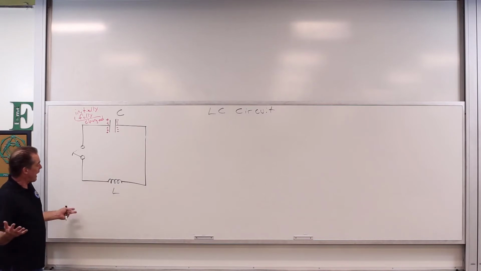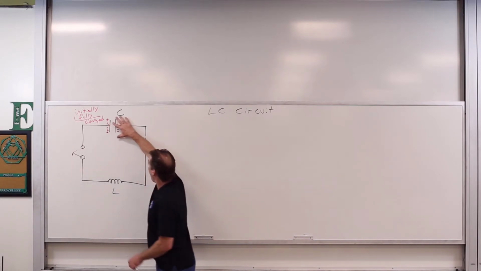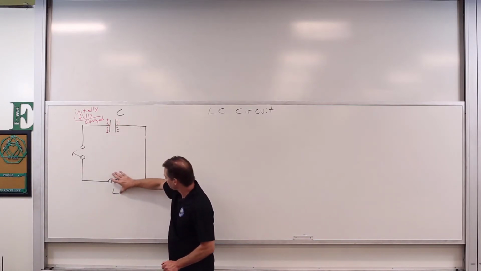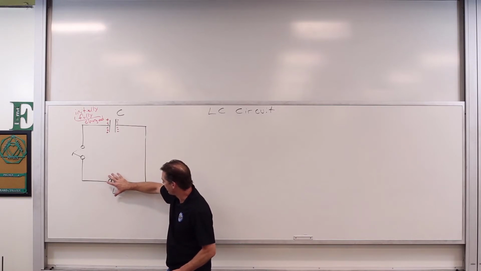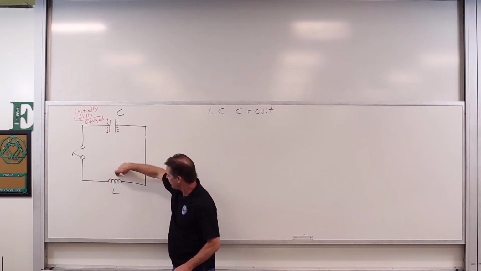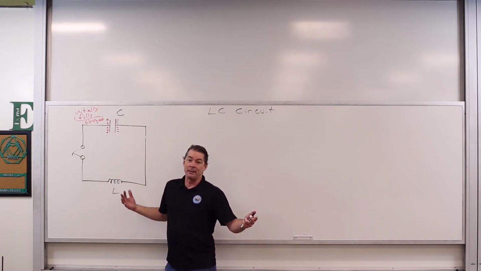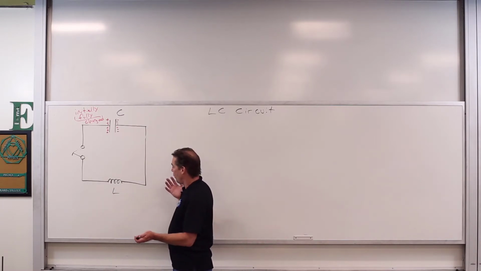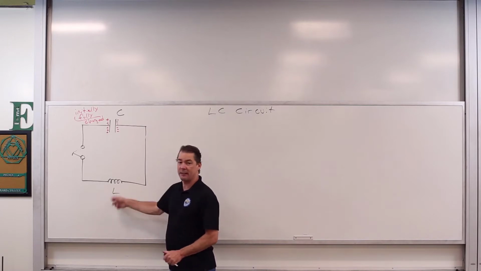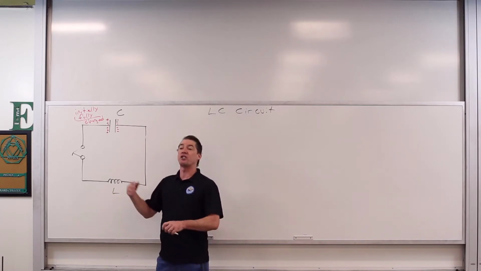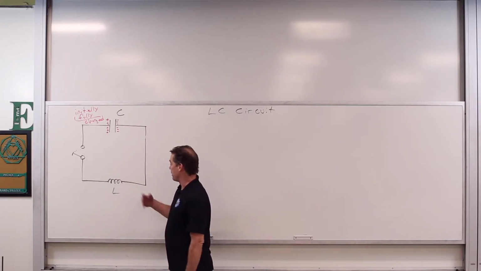And then what happens? Once all the charges have left, we have a maximum current going through the inductor, and then that current starts to drop to zero. What happens when it's dropping to zero? We have another change in magnetic field flux: a reduction in the magnetic field and a reduction in the flux.